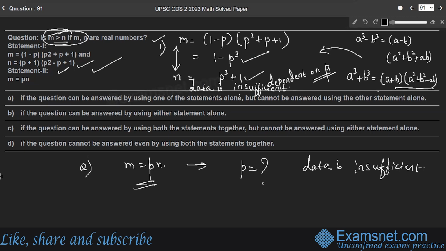The relation between m and n cannot be answered even by using both the statements. Hence, option D is the right answer. If the question cannot be answered even by using both the statements together, we cannot decide the relation between m and n, because the relation depends on the value of p. P is unknown here. So hence option D is the right answer.